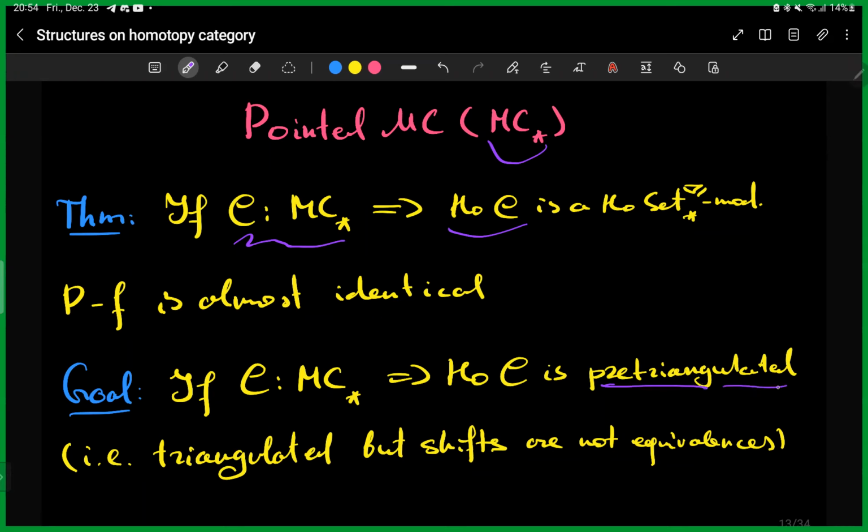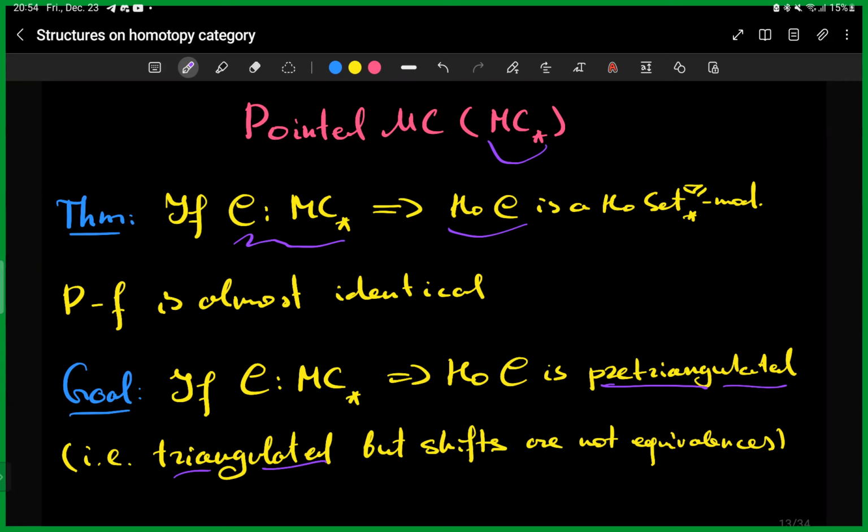Pre-triangulated means that it is triangulated, but a bit weaker. In triangulated categories, we have triangles which are invariant under shifts. If we have a triangle, we apply a shift functor, and we get, once again, a distinguished triangle. But here, this is not necessarily the case.